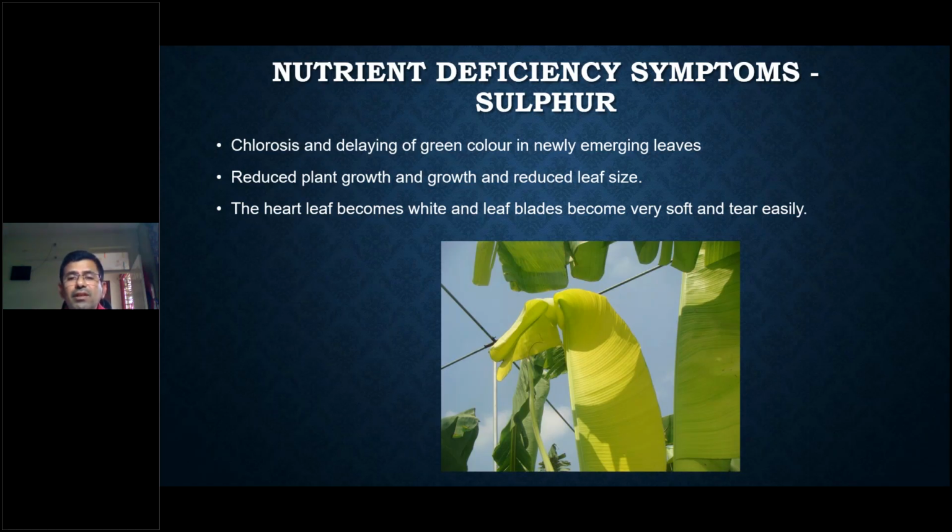You can see the leaves are more delicate, with chlorosis in the young leaves. If you touch the leaves, they will tear off; they are very soft and tear very easily. It's a typical symptom of sulfur deficiency.